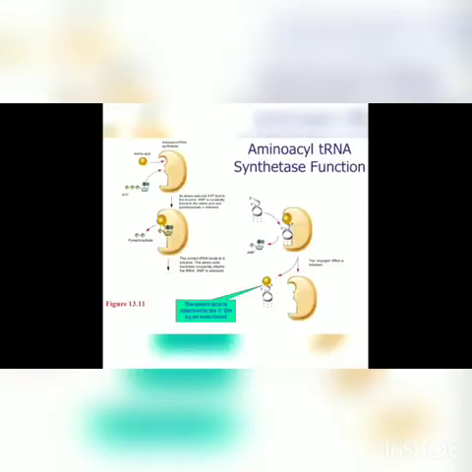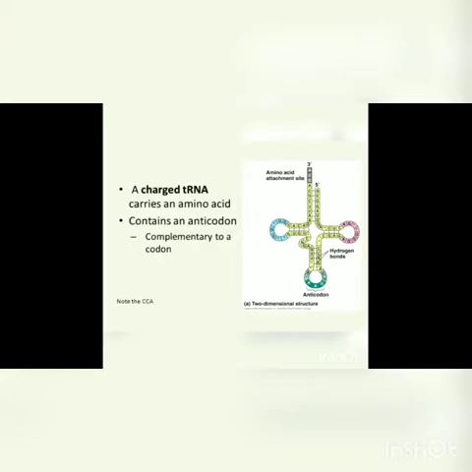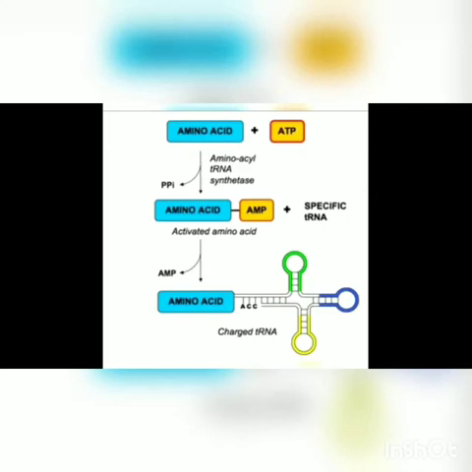The process of addition of amino acid to tRNA is known as aminoacylation or charging, and the resultant product is called aminoacyl tRNA or charged tRNA. Without aminoacylation, tRNA is known as uncharged tRNA. That means if an amino acid is added to tRNA, it is called charged tRNA.